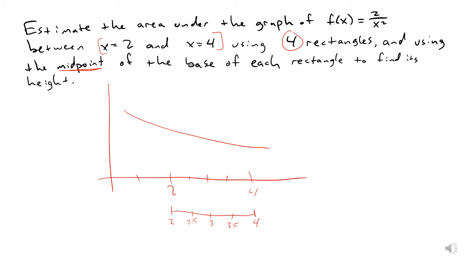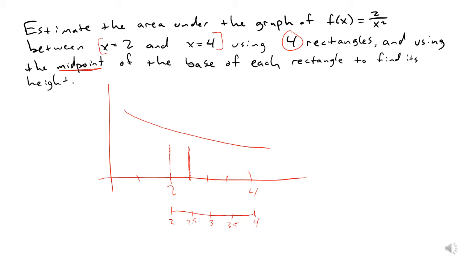Okay, so just to give you a picture of what's going on, my first rectangle is going between 2 and 2.5, and so I've got this rectangle coming up here to the graph, but how tall do I want to make this rectangle?